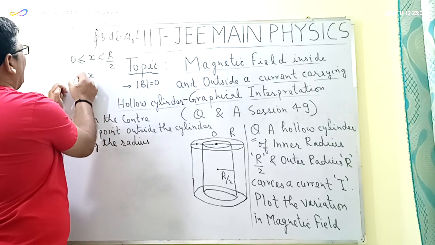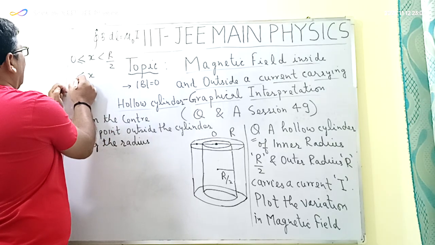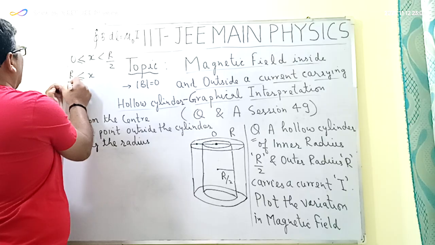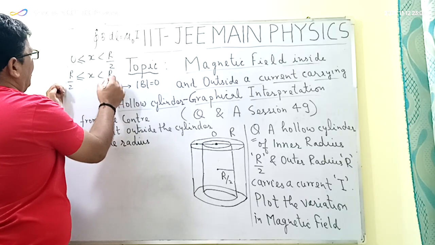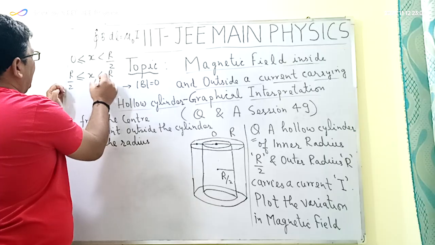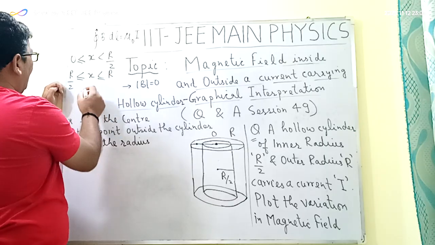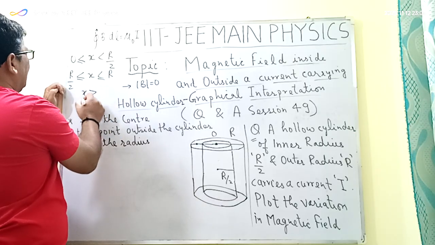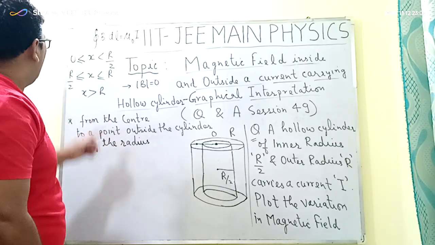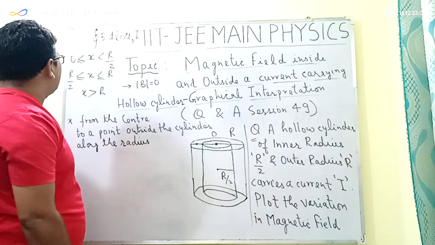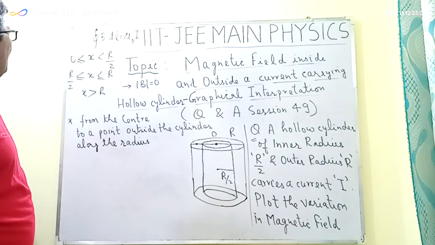Second case will be when x is greater than equal to r by 2 and less than equal to r, and the third case will be when x is greater than r.